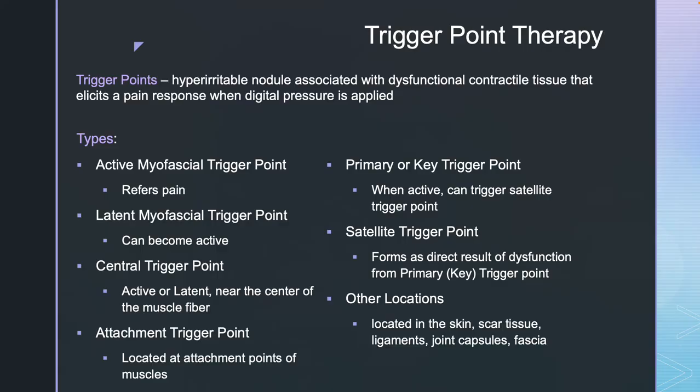But anyhow, types. Your active myofascial trigger point. That is what everybody thinks of as a trigger point that refers pain. You push on it, and it's going to refer pain to another area. Have you guys felt any of that working on each other yet? Where maybe you push on the neck and it goes down the arm a little bit or anything like that? There are a lot of good trigger points you can find in your hands.